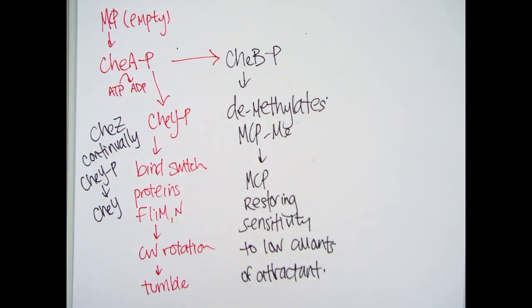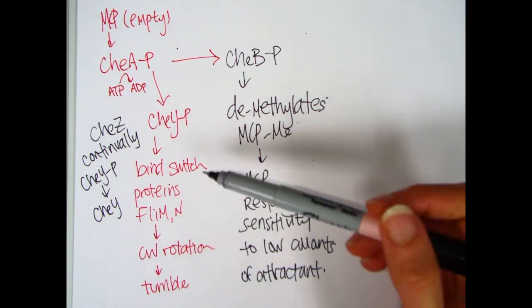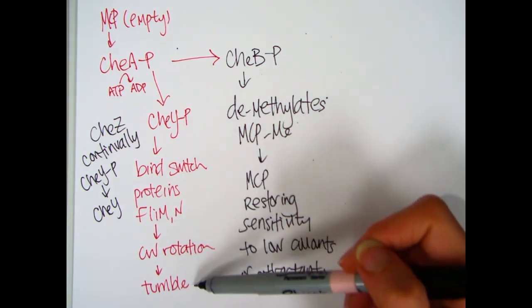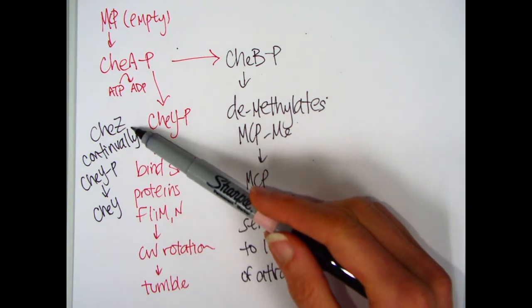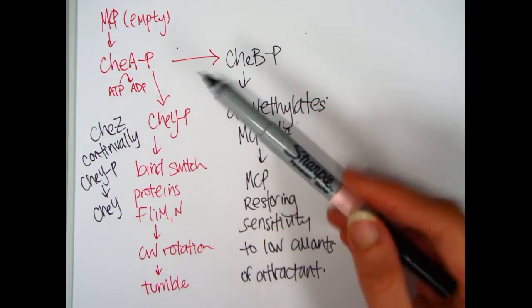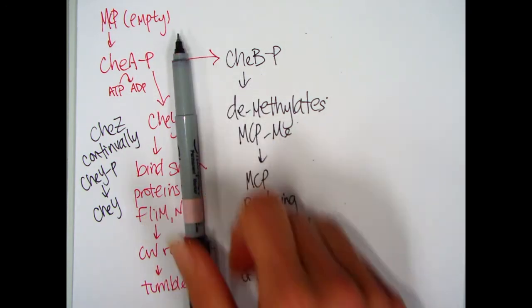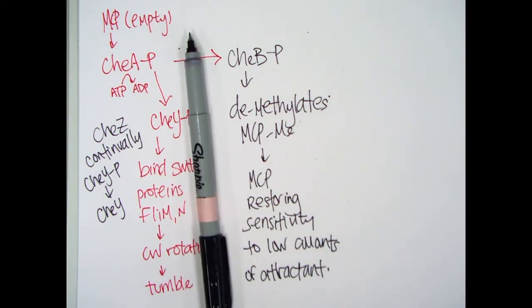The whole point of this is for the cell to detect the attractant and move toward the highest possible concentration of the attractant. So there must be a way, once the tumble is activated, for it to be turned off, and CheZ is involved in turning off the tumble by removing this phosphate. Then unphosphorylated CheY can no longer bind to the switch, and the run is restored.